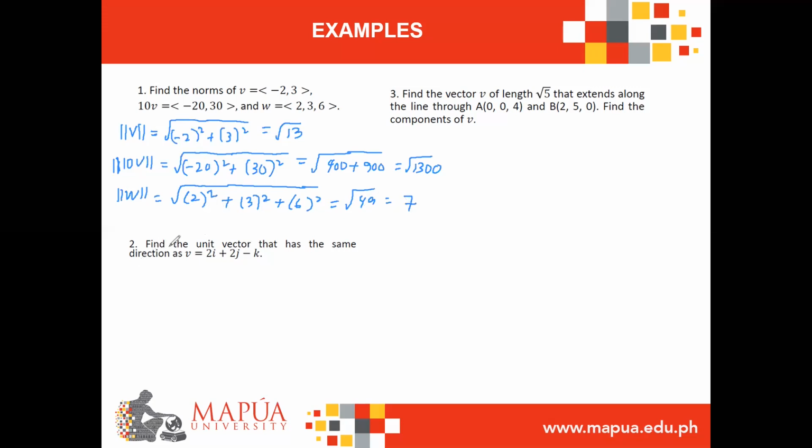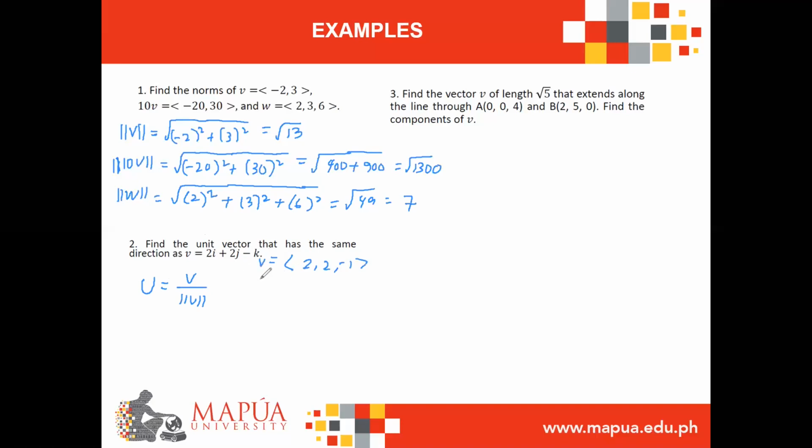Then to solve for number 2, find the unit vector that has the same direction as v equals 2i plus 2j minus k. Let's recall the formula of the unit vector. It is equal to v over magnitude of v. So let's find the components of your v in bracket form. We have it as 2, 2, negative 1.